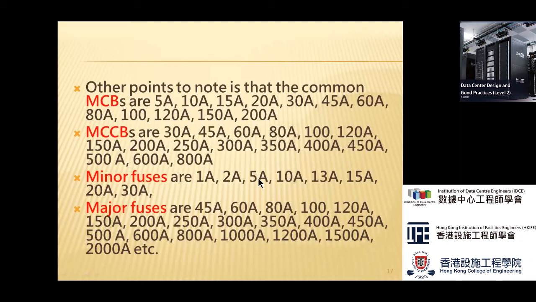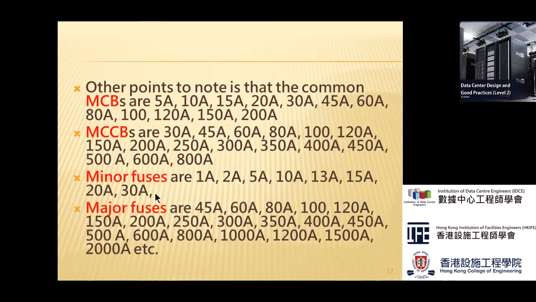Oh, you ask, where can I find 1 amp, 2 amp, 3 amp? Okay, yeah, sometimes it could be in your microwave, right? You may only use 1 amp or 2 amps. Or even 5 amp for a washing machine, maybe. But the minor fuses usually can have 1 amp, 2 amp, 5 amp, 10 amp, 13, 15, 20, and 30 amps.